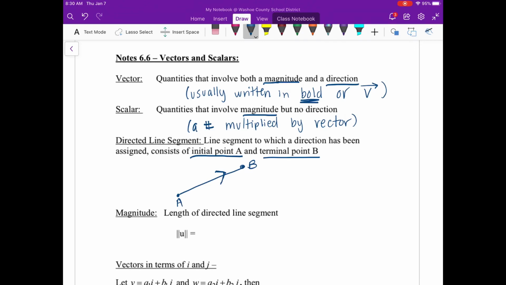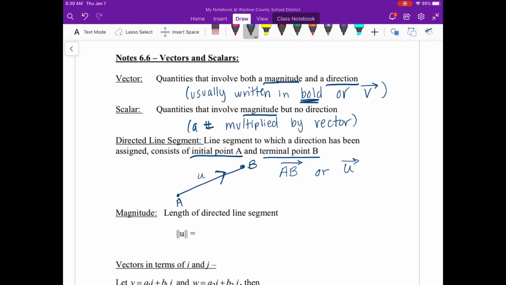You just show that we're going this way, for example. In this case, if there was another letter here, like the letter U, I could say this is vector AB, again using the arrow, or vector U using the arrow. You could also see these as just bolded letters. That would also show that it is a vector.